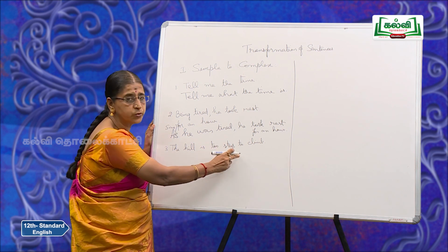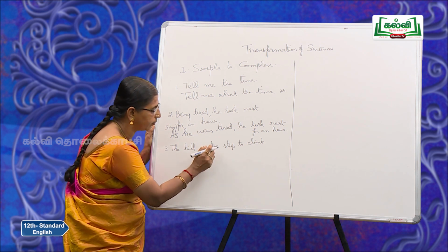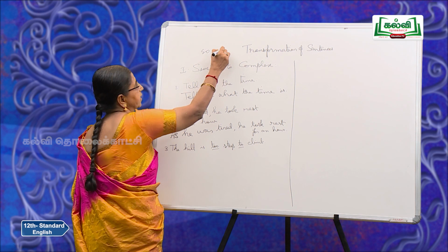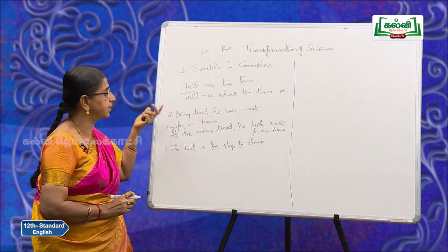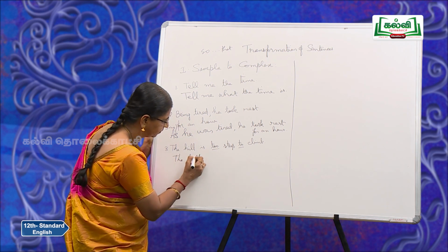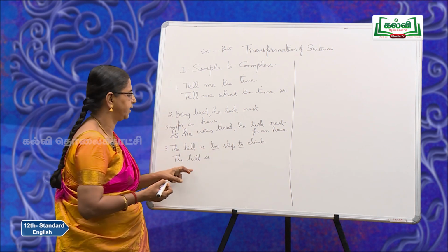The hill is too steep to climb. Is is your only finite verb. Now remember, whenever you have this too to here, you could use the structure so that. We just considered this in the earlier class. So here, the hill, retain it as it is, the hill. Present tense, so same form of verb, the hill is.